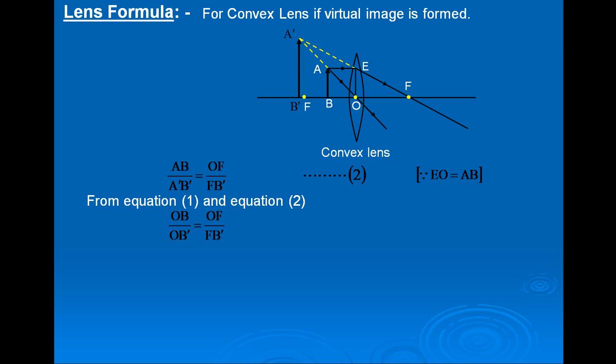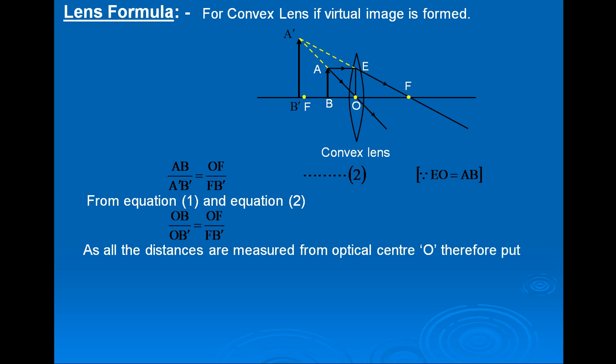Now all the distances are measured from optical center O. Therefore, put FB dash is equal to OB dash plus OF.